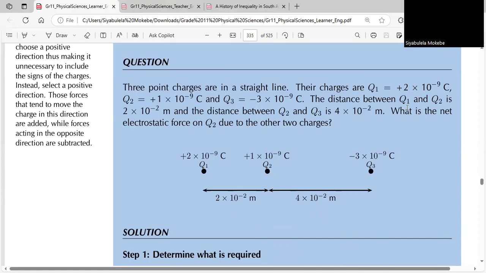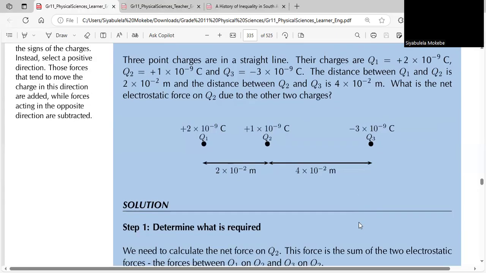The distance between Q1 and Q2 is 2.2 times 10 to the -2 meters, and the distance between Q2 and Q3 is 4 times 10 to the -2 meters. What is the net electrostatic force on Q2 due to the other two charges? Here's a diagram just to help you understand the question.